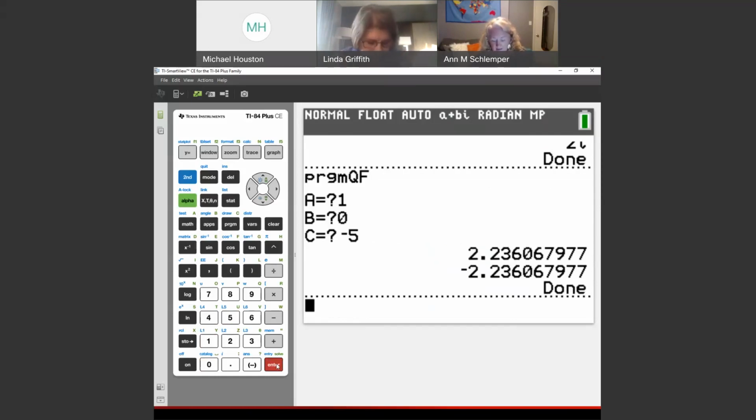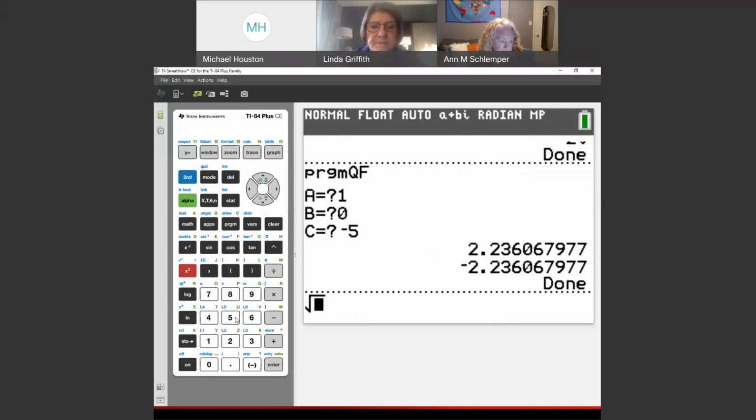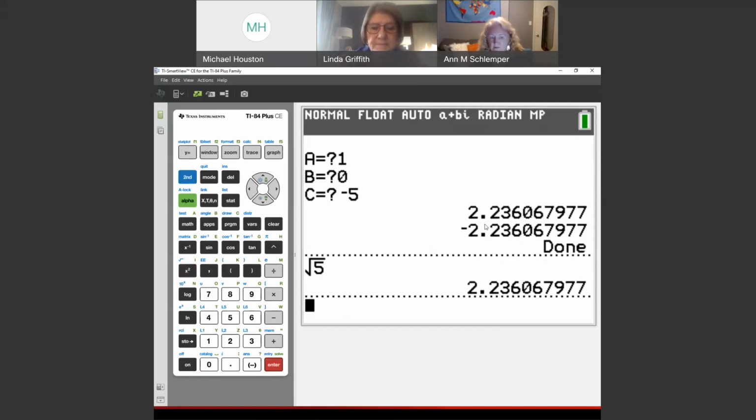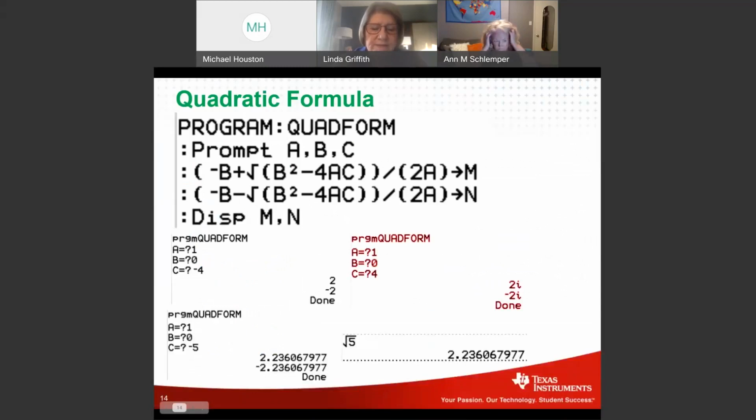So they can check their answer if they've done it by hand and know that the square root of 5 is that number. I kind of like that it's imperfect. I think that helps them understand that radical 5 is still a point on the number line.